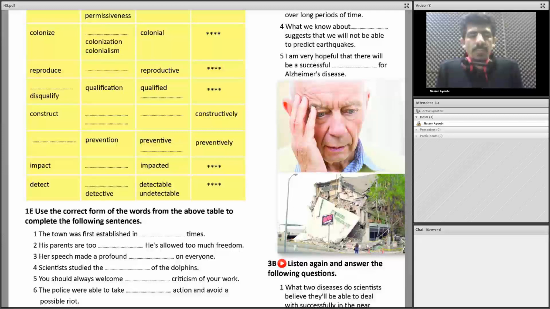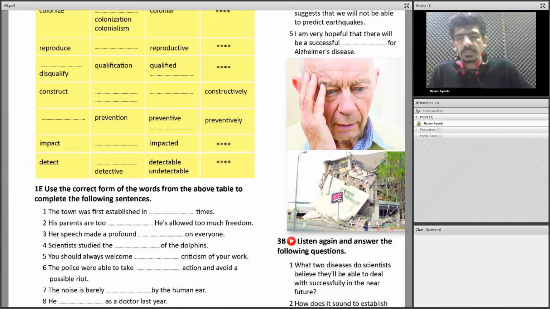Impacted can also be used when talking about a tooth that can't grow properly because it is under another tooth. We can say this tooth is impacted, affected by another tooth. For example, for the verb impact: her father's death impacted greatly on her childhood years.